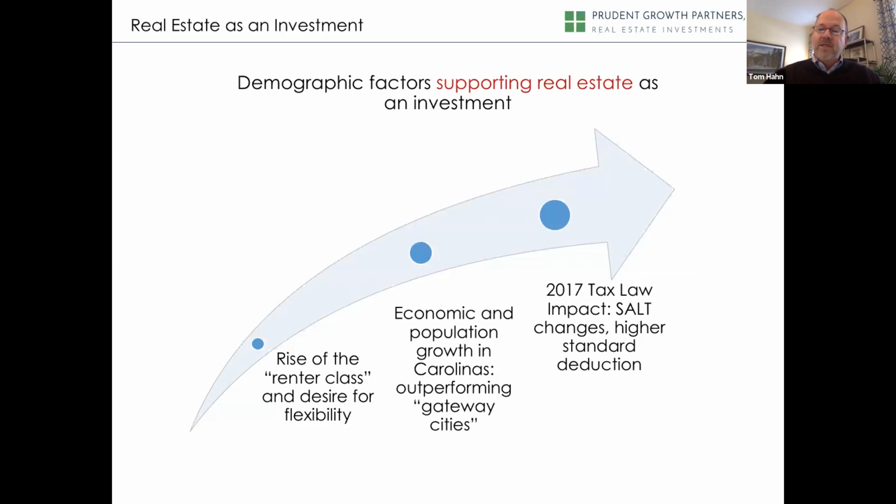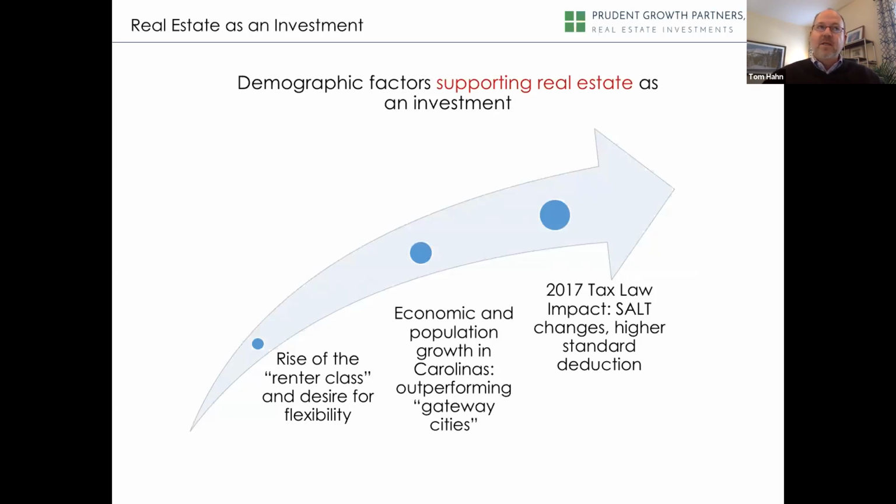And the final thing is the 2017 tax law, and a little bit of a different angle, aside from just the tax advantages of real estate. The tax law so dramatically changed the state and local tax deductibility by putting a cap in place, as well as the substantially higher standard deduction, that just once again removes two big reasons for wanting to own your home.